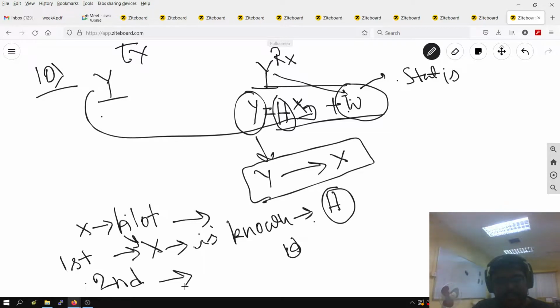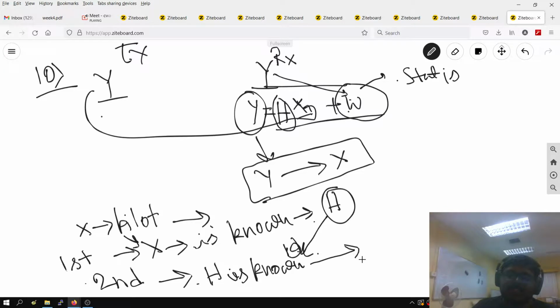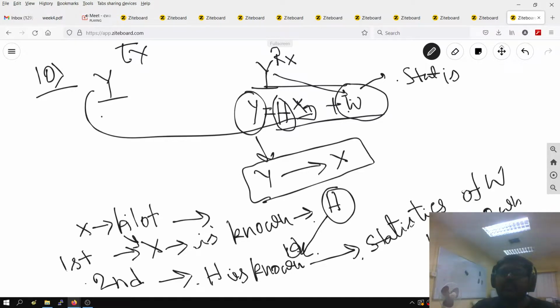In the second step, what do we do? In the second step, h is known now from the first step. As h is known now, and the statistics of w are also known, we can detect the data x.